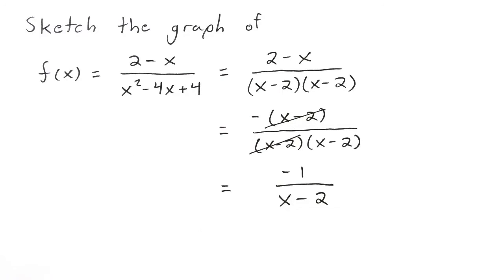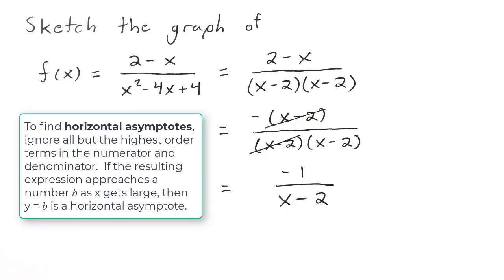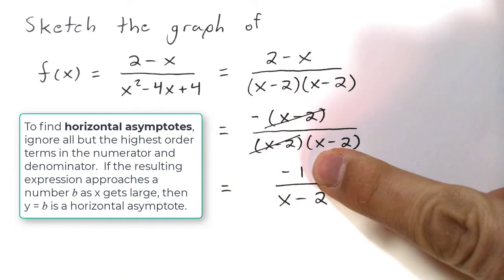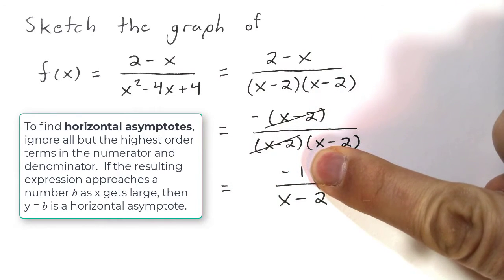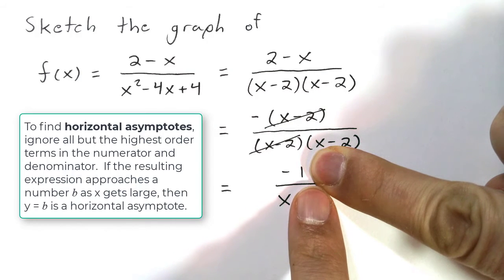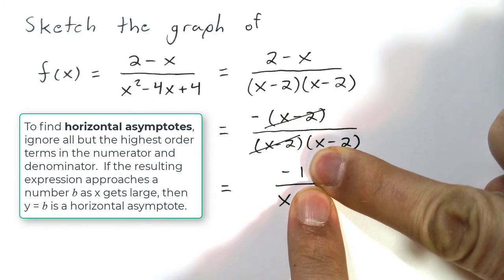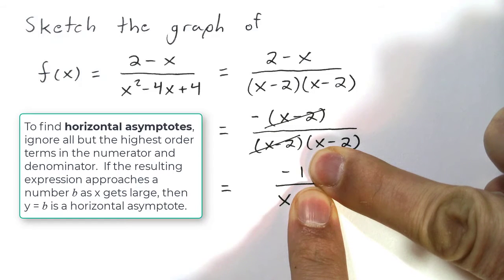Next, we can look for horizontal asymptotes. For horizontal asymptotes, we look for the highest order terms in the numerator and denominator. The only term in the numerator is negative 1, so that is the highest term. The highest order term in the denominator is x. So for the horizontal asymptotes, we're looking at negative 1 over x. Now, what I need to consider here is what does this expression approach when x gets large?